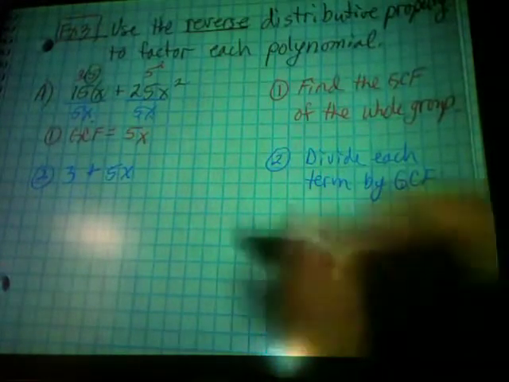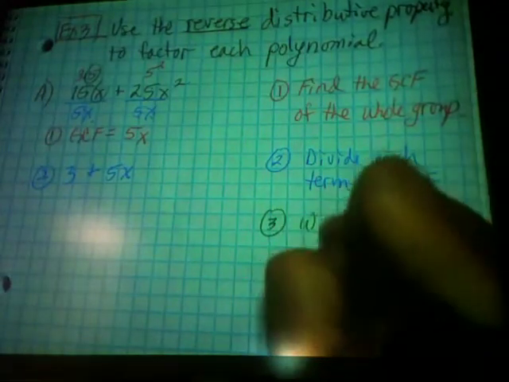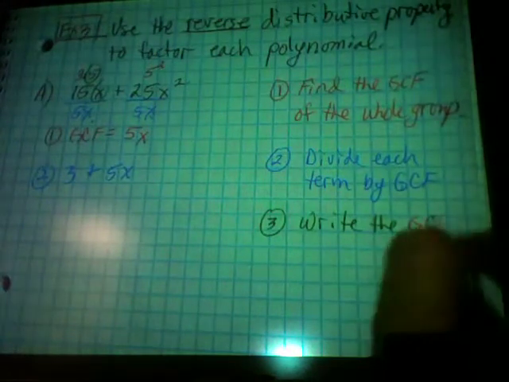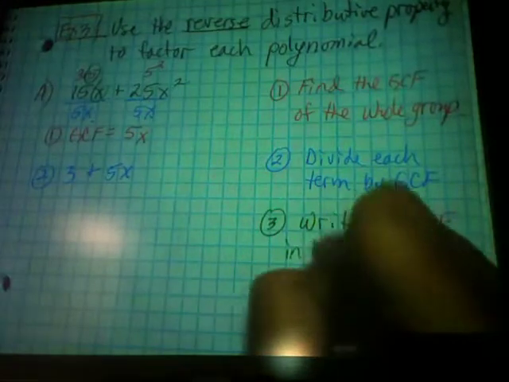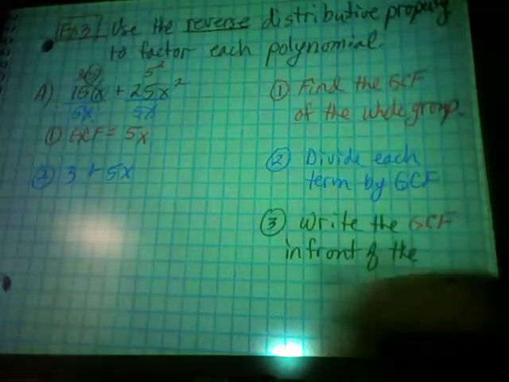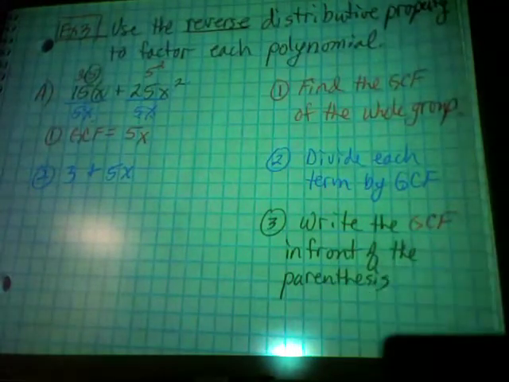So step 3, I want you to write the GCF. That's what we found in number 1, in front of the parentheses. That's the part you're going to forget.